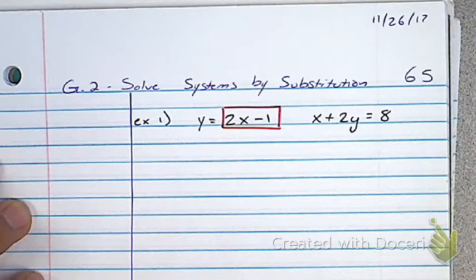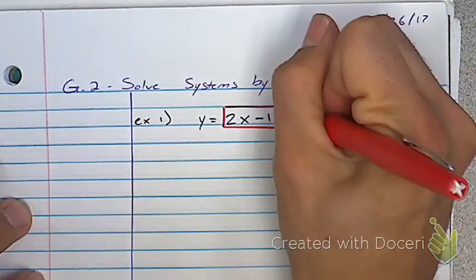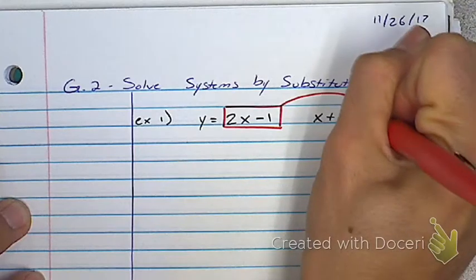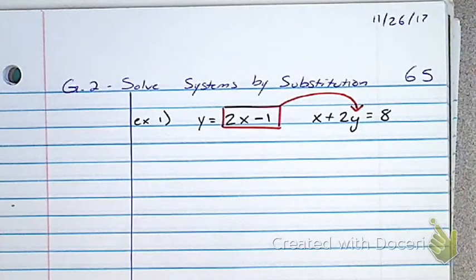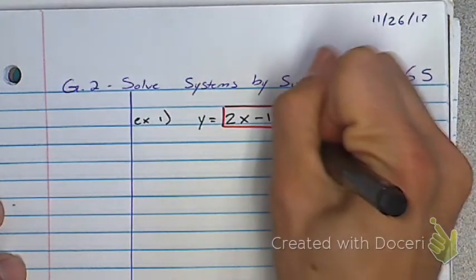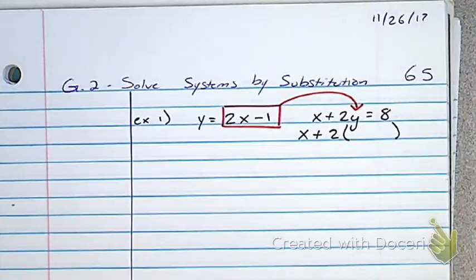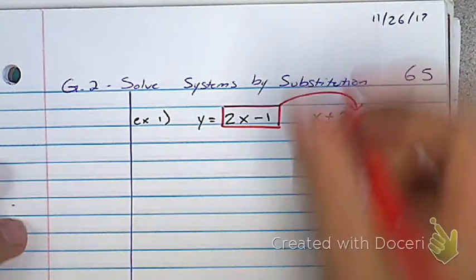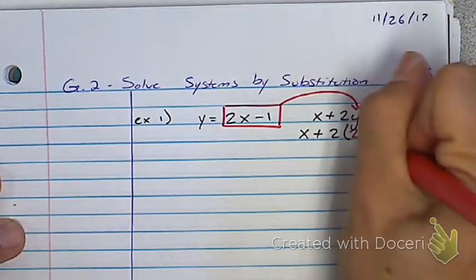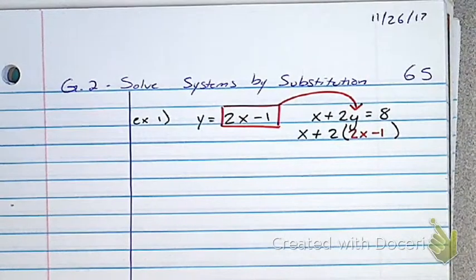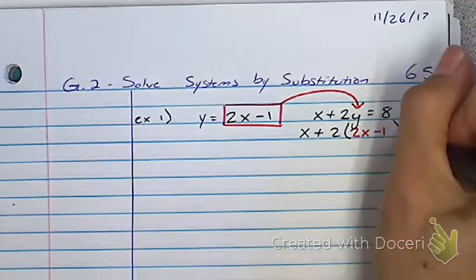So whenever I see a y on the next problem, I'm going to plug in 2x minus 1 instead. So I get x plus 2. What am I writing instead of y? 2x minus 1. And I get equals 8.